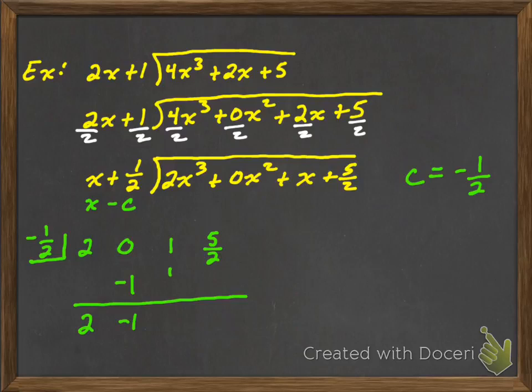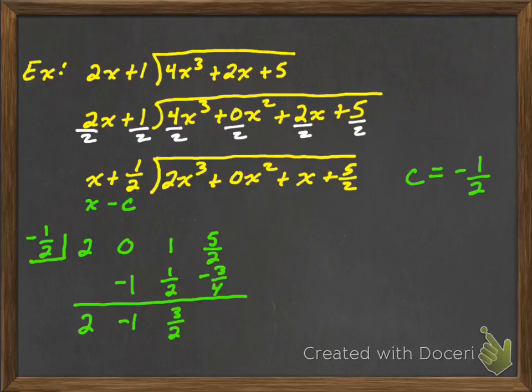So that's a positive 1/2. Add these two numbers together, which is 3/2. Now we're going to multiply negative 1/2 times 3/2, which will give us negative 3/4. And then we're going to add these two together.